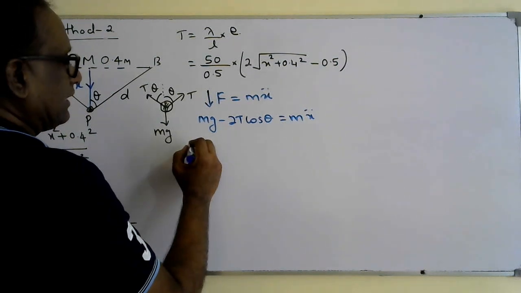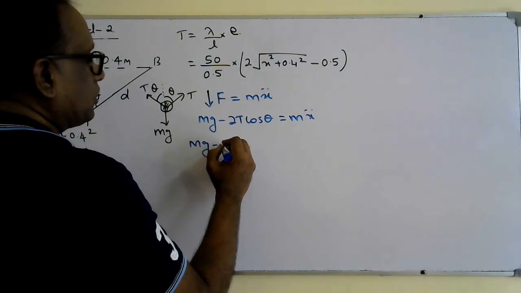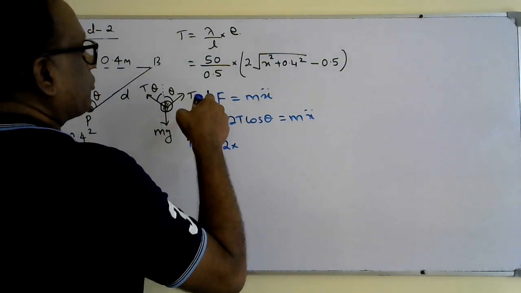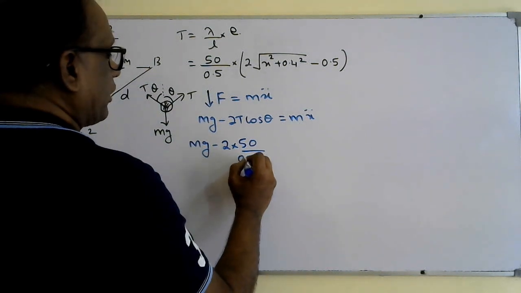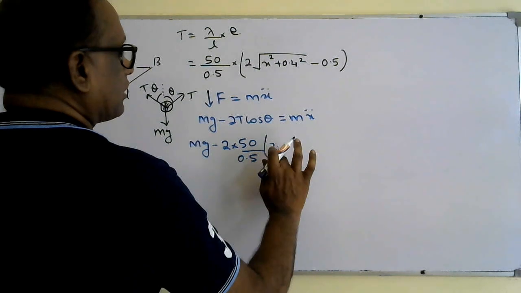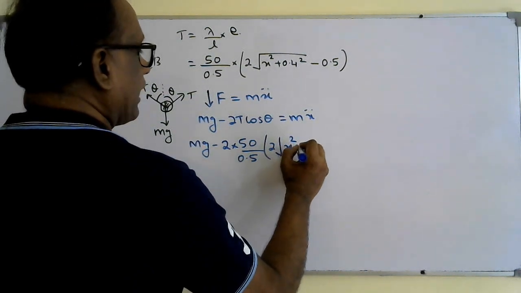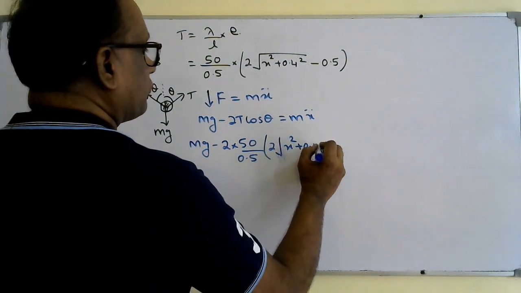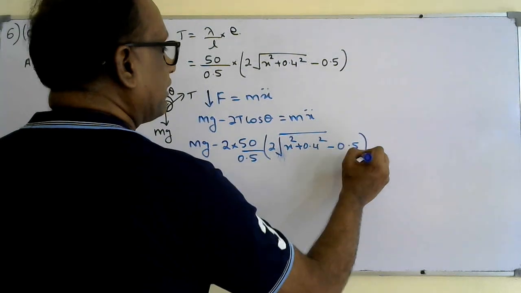I'll leave it like this: mg minus 2, and instead of T I put 50 over 0.5 times (square root of x squared plus 0.4 squared minus 0.5).